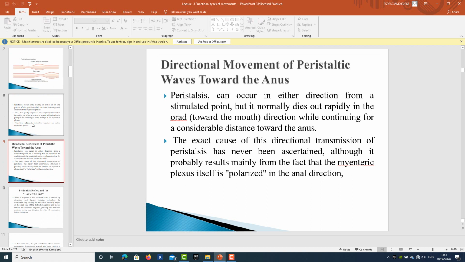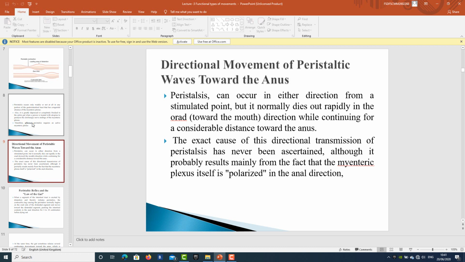Now let's talk about the directional movement of peristaltic waves towards the anus. Peristalsis can occur in either direction from a stimulated point, but it normally dies out rapidly in the oral direction, while it continues for a considerable distance towards the anus.